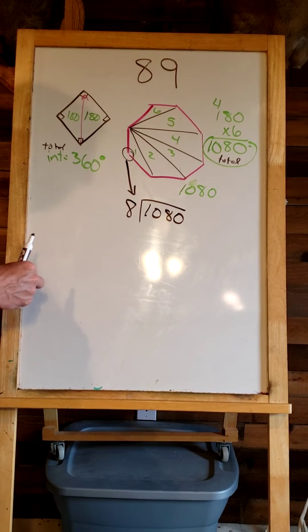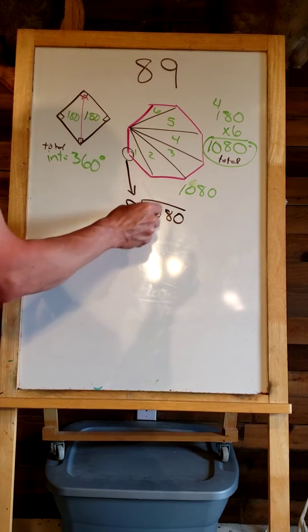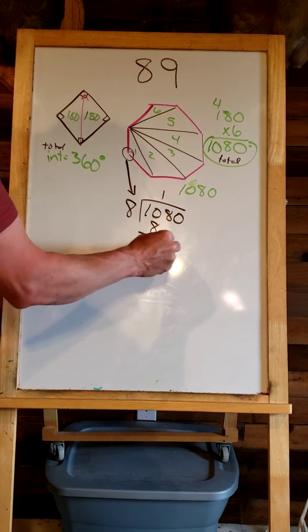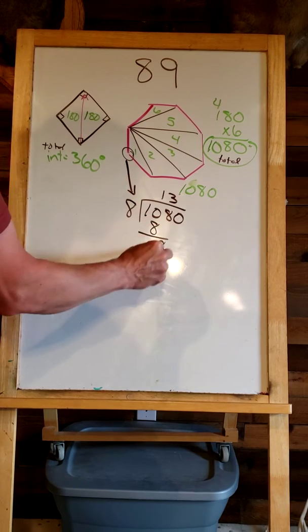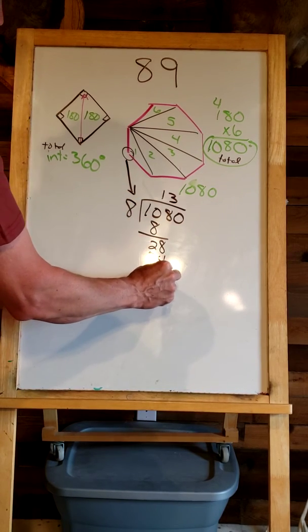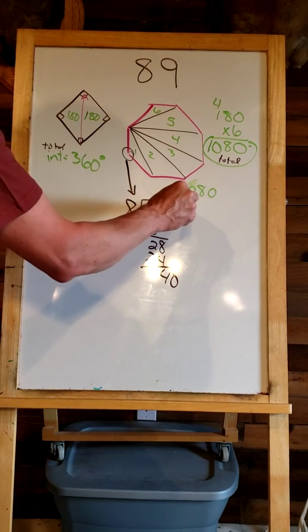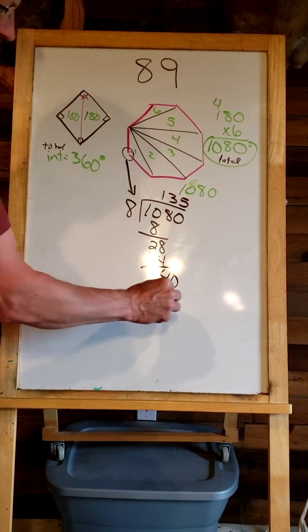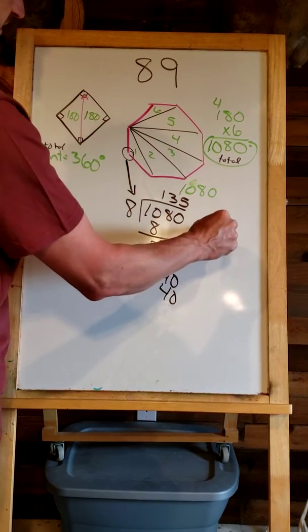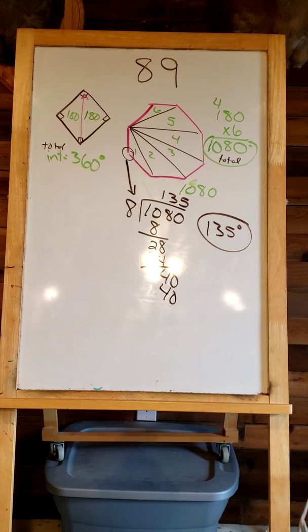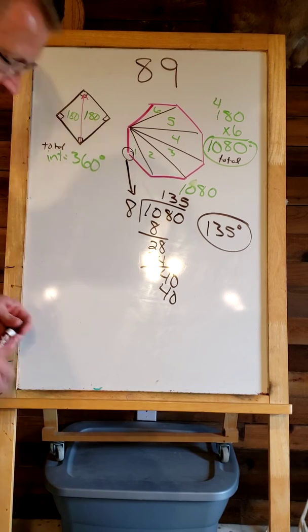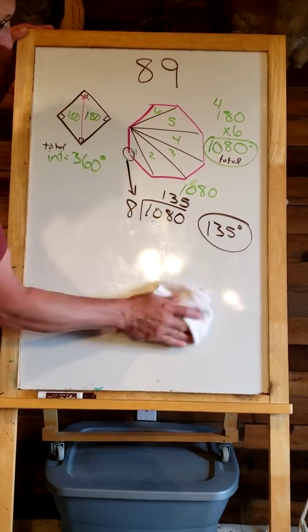It's an octagon. 8 into 10 goes once. Into 28, 3. And into 40, 5. So the interior measure of each angle of this octagon is going to be 135 degrees. Okay? So that is where we are starting with our interior angles.